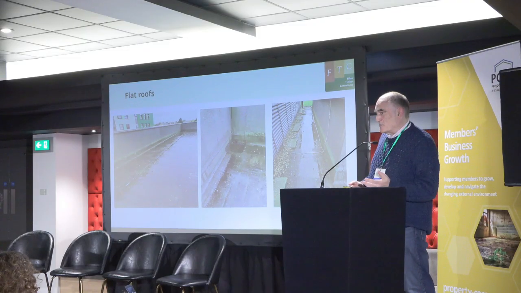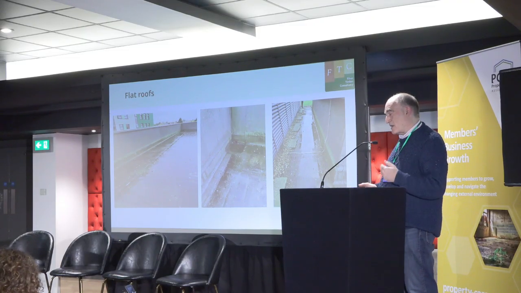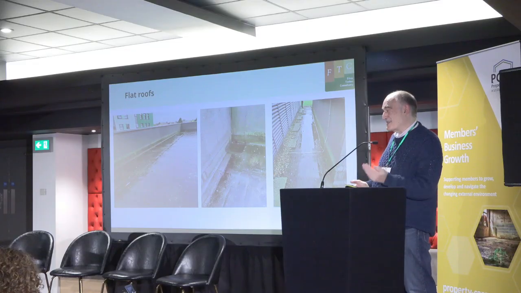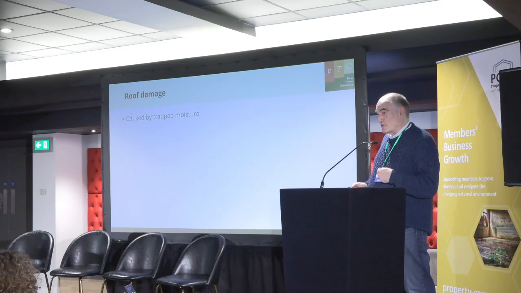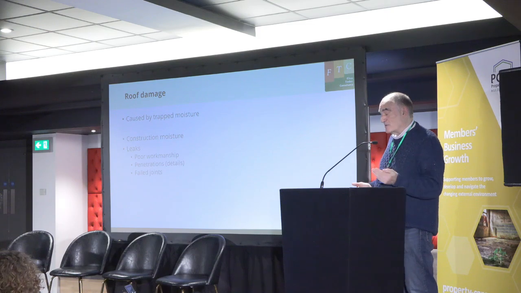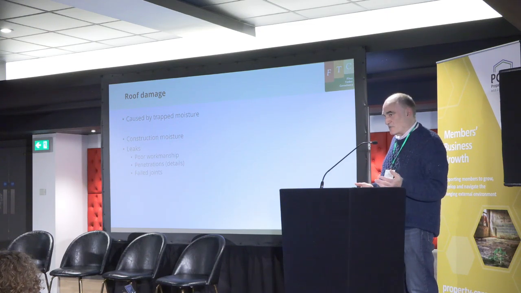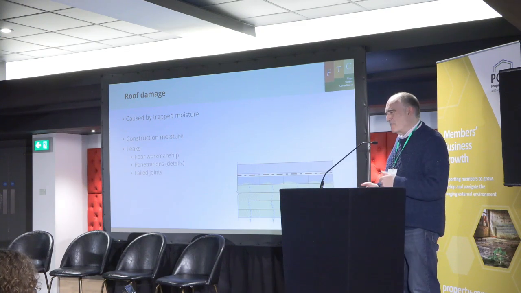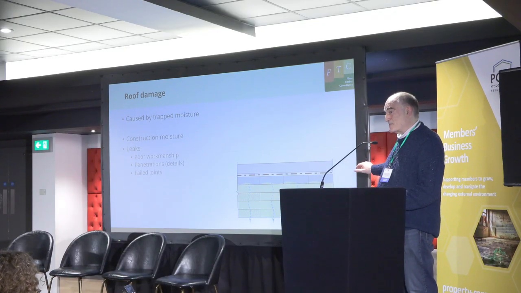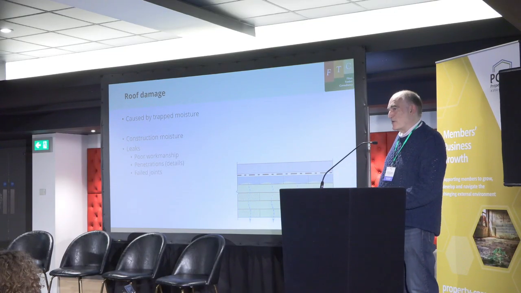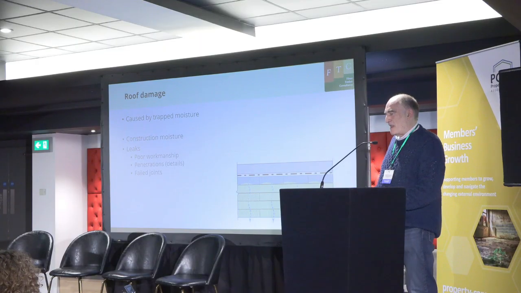And if we go to flat roofs, we know the dangers of flat roofs. But I'm going to come back to the left-hand picture because I'm going to show you what's under that. So whatever causes the moisture to be trapped, whether it's construction moisture or leaks, what we really want to know is, we've got this top layer of timber that's potentially wet, and how long will it take to dry?